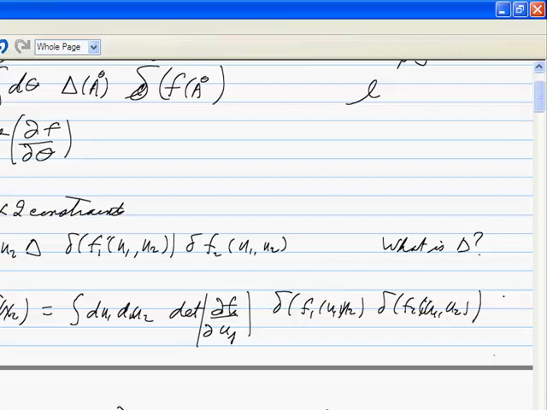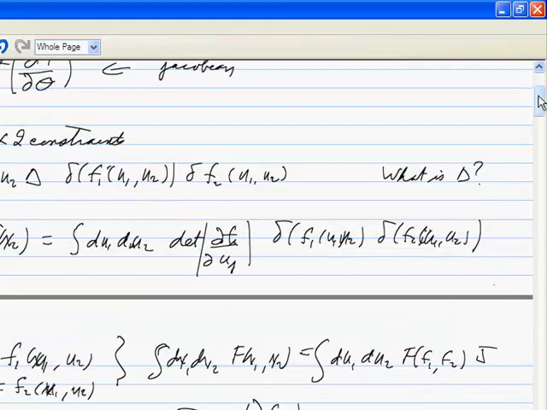So it really is just the Jacobian of that transformation.